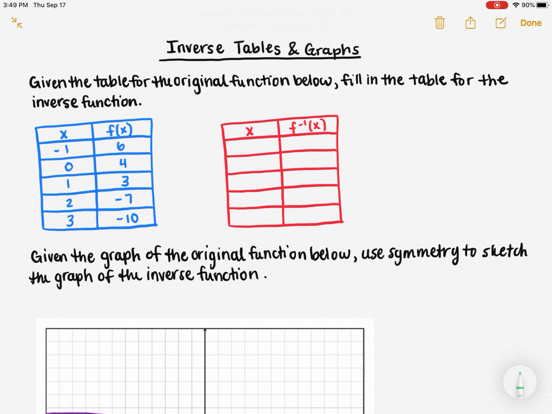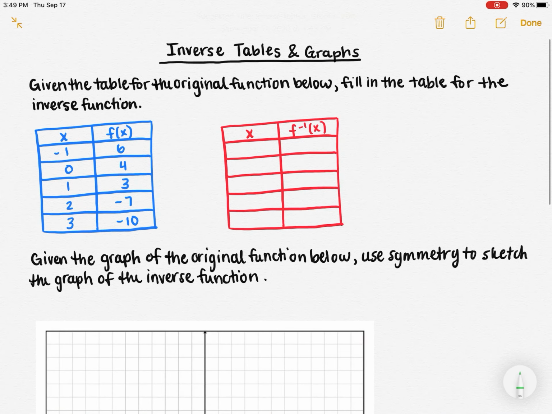So I'm going to make a little flow chart just for the first set of values, and this will look familiar from the flowcharts we've seen in class, but this will help us better understand what we need to do in the table. So for this first row, -1 is my x value, so we'll call that our input.